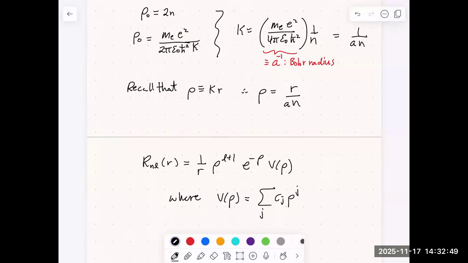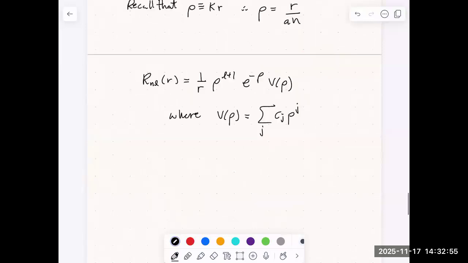And we now have a way of calculating these coefficients. These coefficients are C sub j plus 1 equals 2 times j plus L plus 1. We used to have a closed bracket minus rho 0, but rho 0 is 2n, so I can put a minus n in here and factor out the 2.